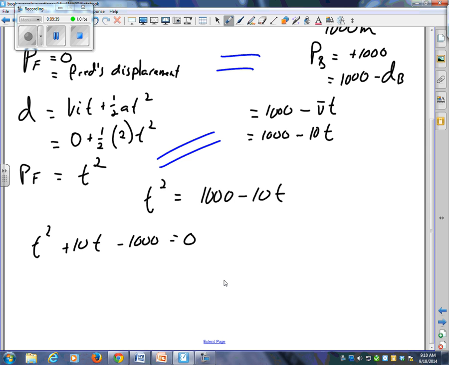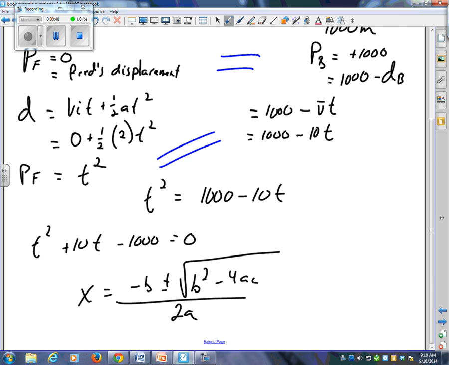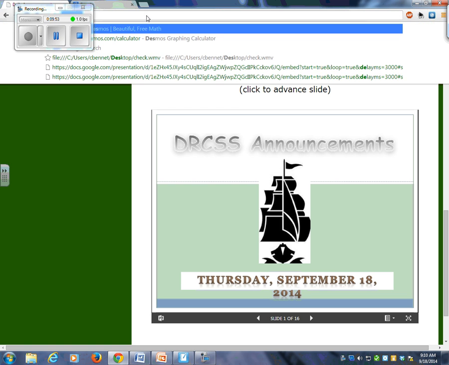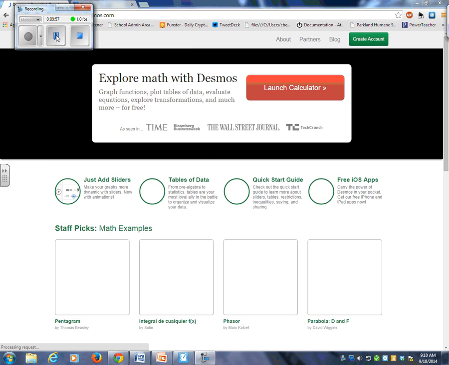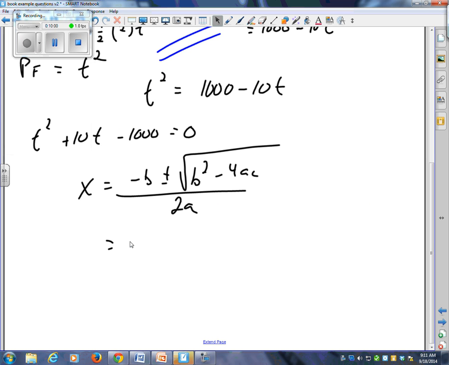I'm just going to go ahead and jump right to the quadratic formula. Minus b plus or minus square root b squared minus 4ac all over 2a. And while you guys are writing that, I'm going to do this. Minus b is going to be minus 10, plus or minus square root. b squared is going to be 10 squared minus 4 times a is 1 times c is minus 1,000.